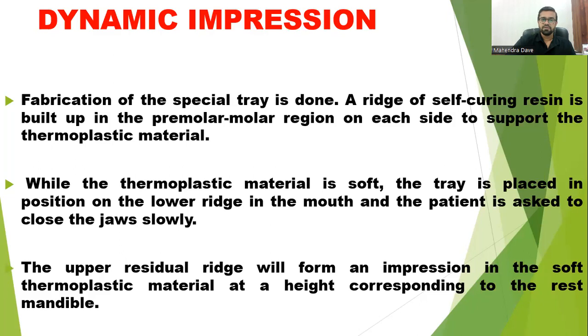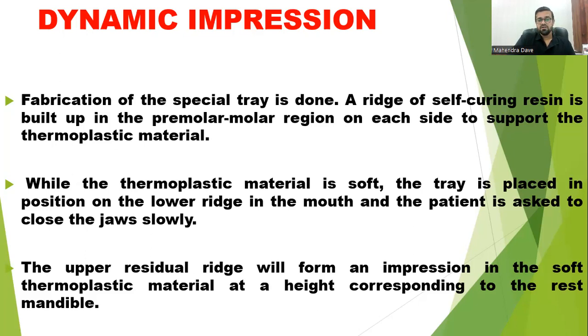Secondly, the dynamic impression technique. Fabrication of a special tray is done. A special tray of self-curing resin is built up in the premolar region on each side to support the thermoplastic material. While the thermoplastic material is soft, the tray is placed in position on the lower jaw in the mouth, and the patient is asked to close the mouth slowly.